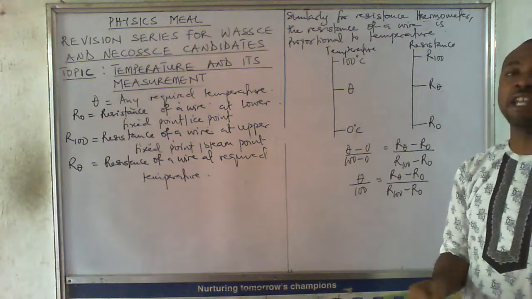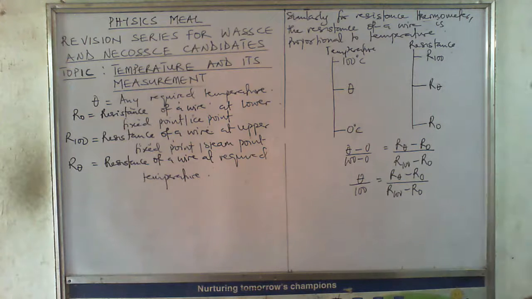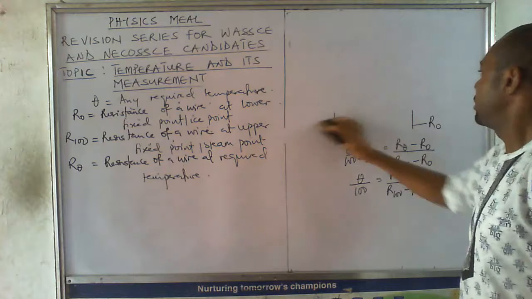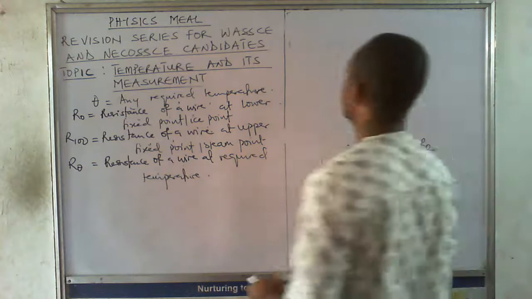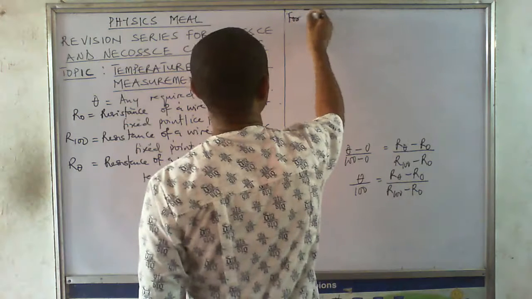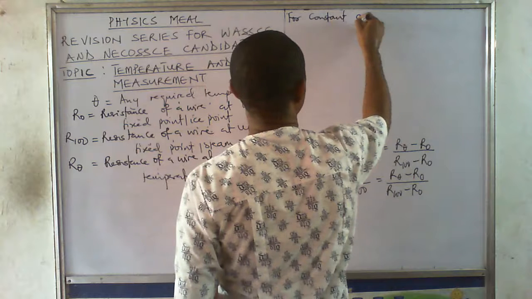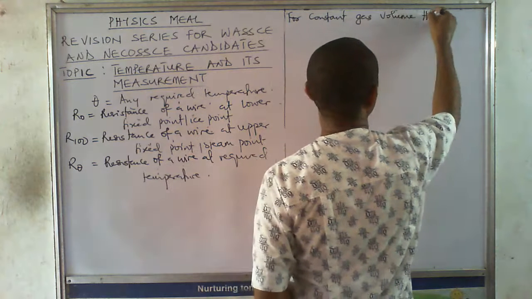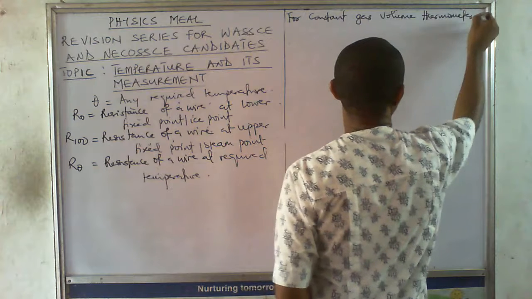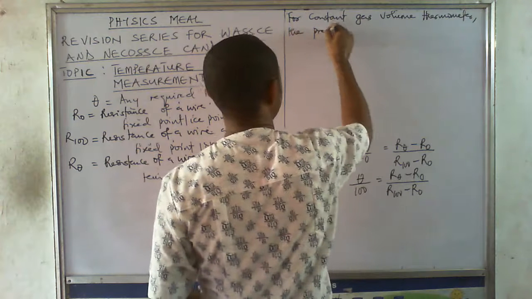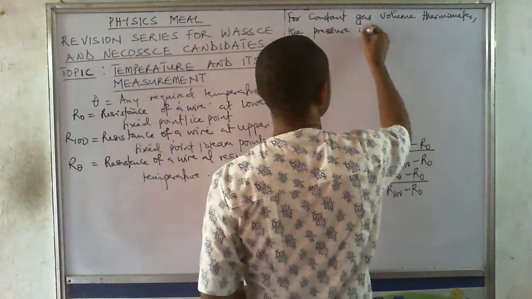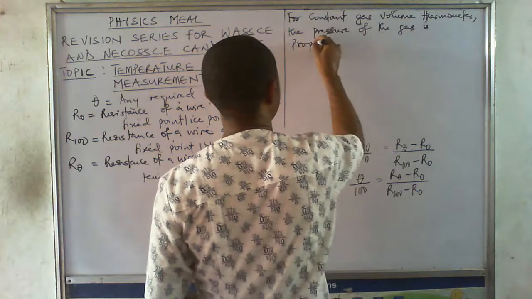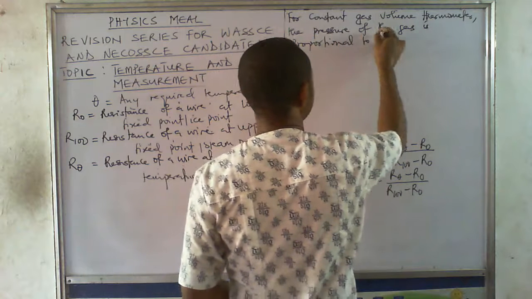Then we can still go further for the constant gas volume thermometer now. For a constant gas volume thermometer, the pressure of the gas is proportional to the temperature.